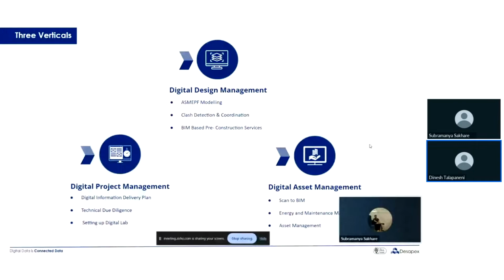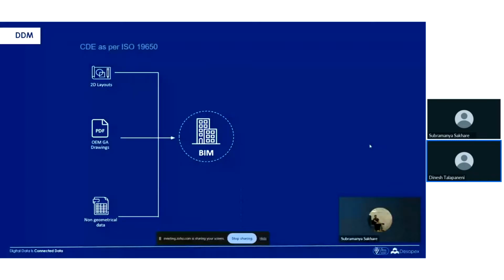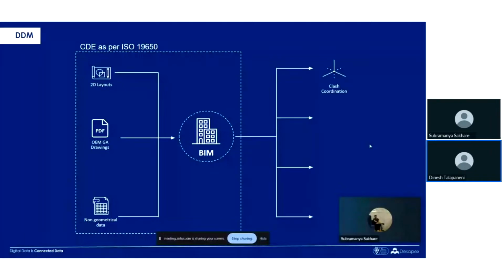Starting with digital design management, we get 2D layouts or other non-geometrical data or JED drawings, which are the base for us to develop the 3D model. Once we have the 3D geometry model in place, we have a lot of use cases. We do clash detection and coordination and resolve all the clashes before it goes onto the site, and we also extract the quantities.